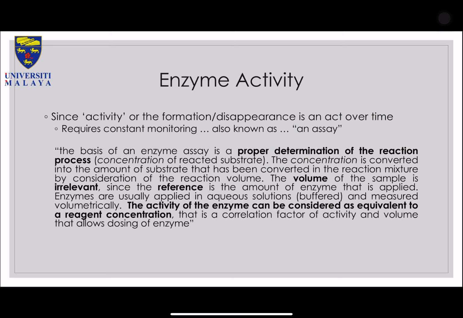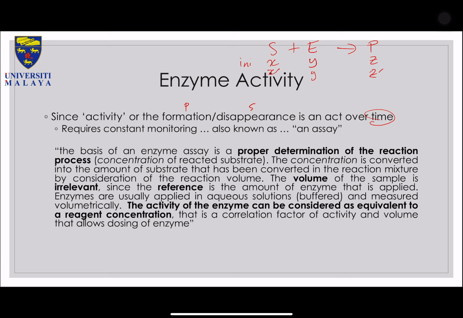Alright, since activity is the formation or disappearance of product or substrate, that one is product, that one is substrate, it is an act over time. Therefore normally you will require constant monitoring. You cannot simply expect, since the reaction is E plus S forming P, and you know the initial concentration of S, say X, Y, and Z, and then after say 1 day X becomes X prime, Y becomes Y prime, Z becomes Z prime.